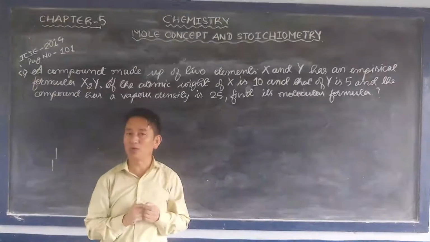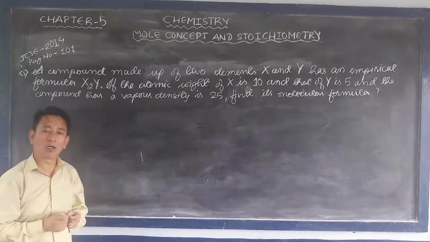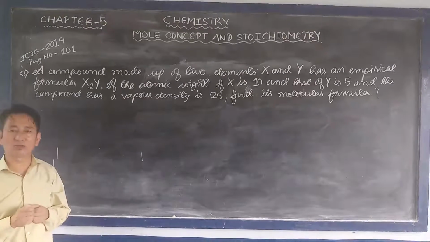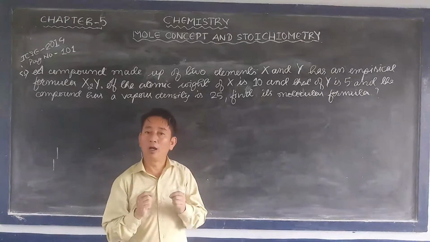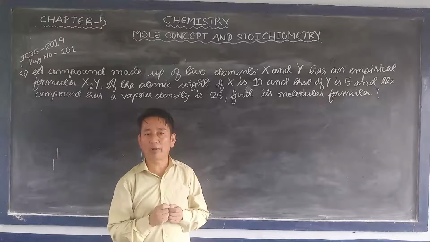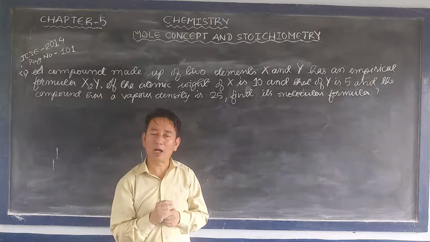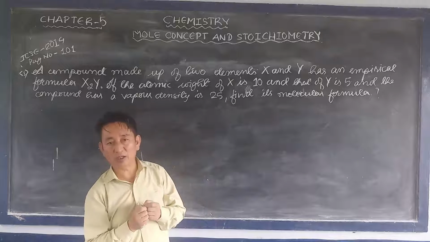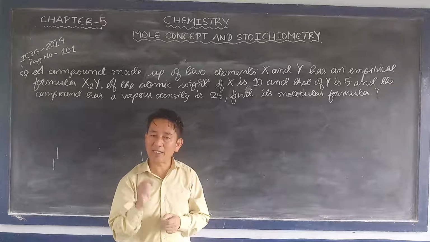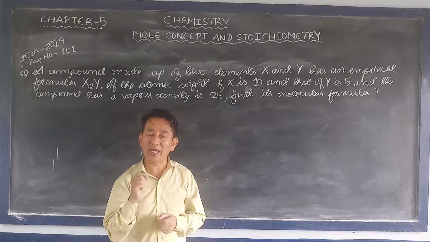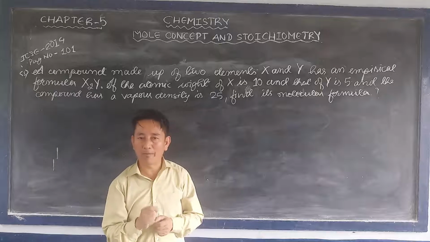Whereas molecular formula is the symbolic representation of the compound which shows the actual number of atoms of each element present in one molecule of a compound. And the molecular weight of the substance is always obtained by adding the atomic weight of each element present in one molecule of a compound.